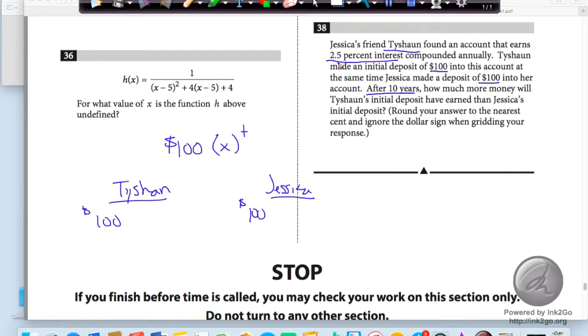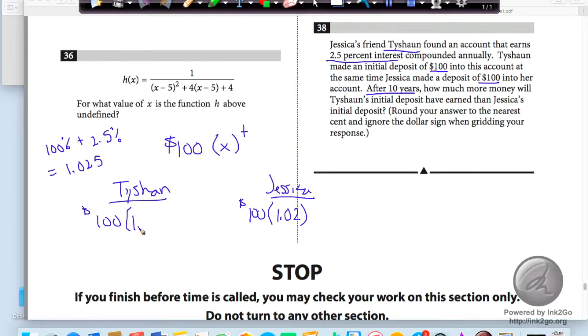And I know that Tyshawn earns 2.5% interest compounded annually. Now, if this is 2.5% interest compounded annually, then his x is going to be the 100% of the original value plus the 2.5%, which, when written in decimal form, comes out to be 1.025, whereas Jessica's above, for what we previously had shown, is 1.02, right?